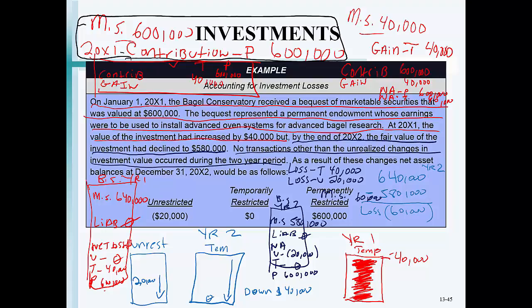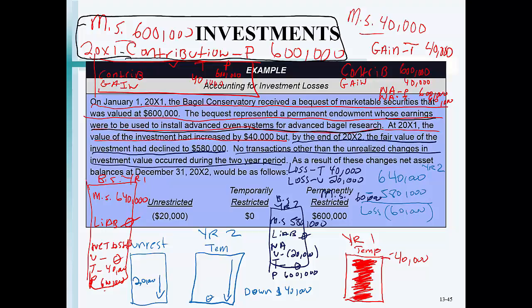Now, as you read the question further, they tell us that earnings were to be used to install advanced oven systems for advanced bagel research. Whatever. I didn't make this question up, okay? But clearly, the donor has restricted the way the contribution is to be used, haven't they? Okay.